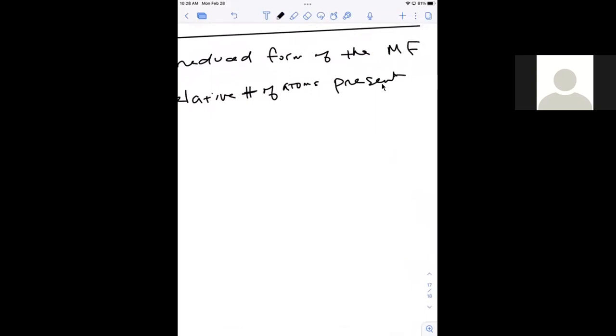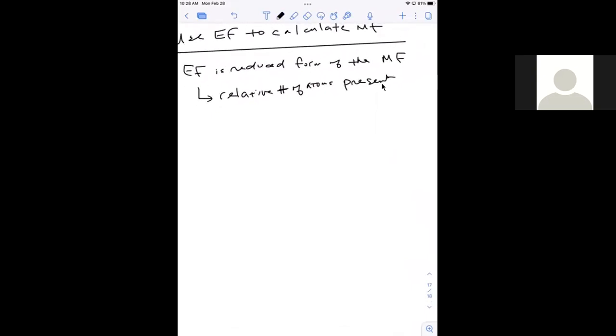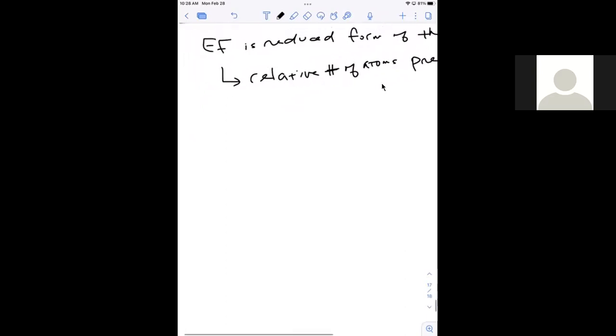The exact number has to be derived experimentally, but we can figure out the empirical formula based on the molecular formula. We can figure that out, right? So what we'll have to do is figure out the number of formula units. And I'll explain what that means shortly.